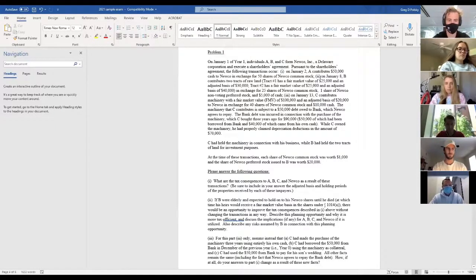But in terms of B, B has an amount realized of $25,000 of the NewCo stock, $20,000 worth of the preferred stock, and $5,000 cash. So that totals $50,000 of amount realized. And there's the $70,000 of aggregate basis. And we know that there's no loss recognized. So this loss is realized, but no loss recognized for B.